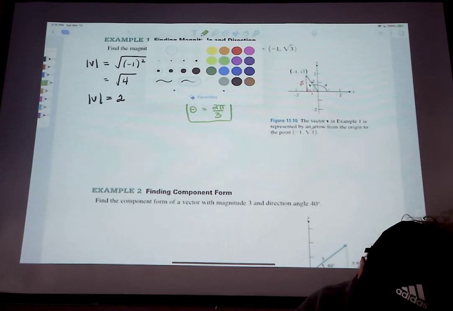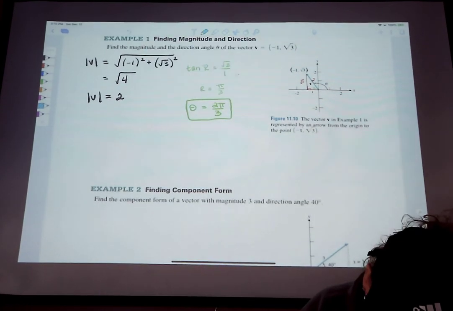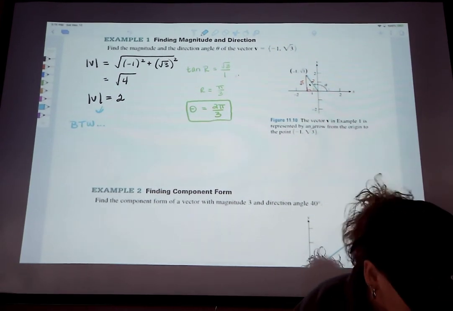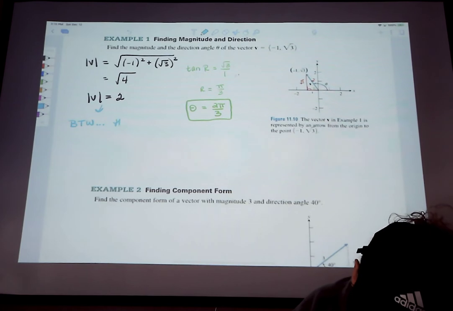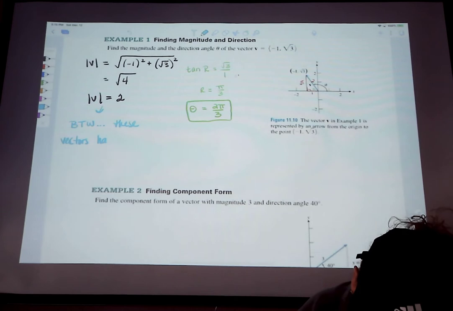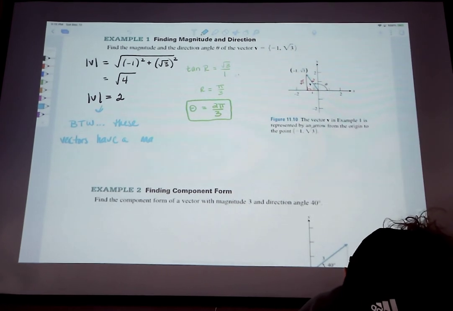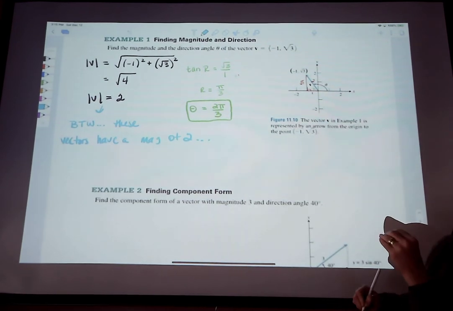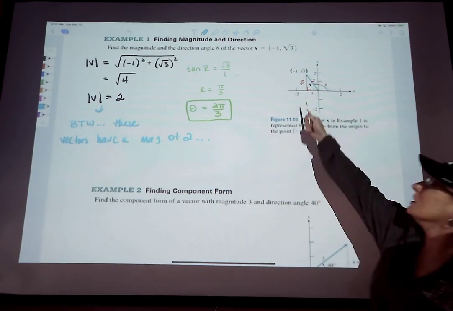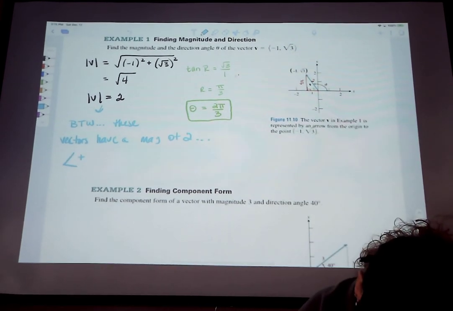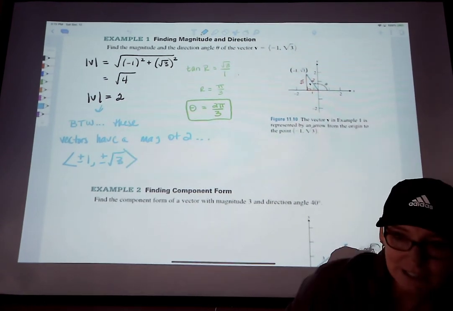Okay, something I want to point out before we move on to the last problem. There are all kinds of vectors that have a magnitude of 2, not just this one. Any of those have a magnitude of 2.